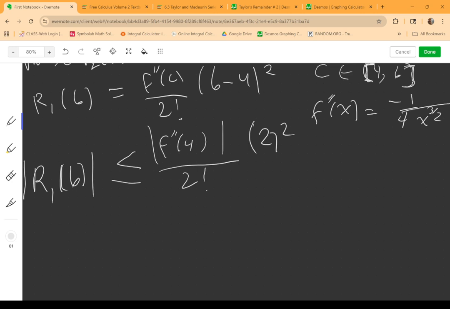So simplifying this, we get 2 squared over 32 times 2 factorial. Just calculating this, the error is at most 0.0625.